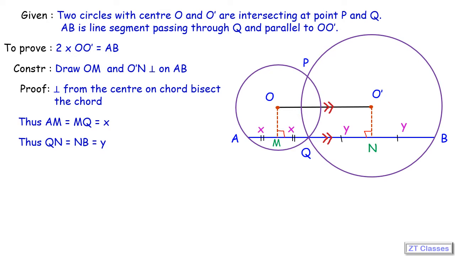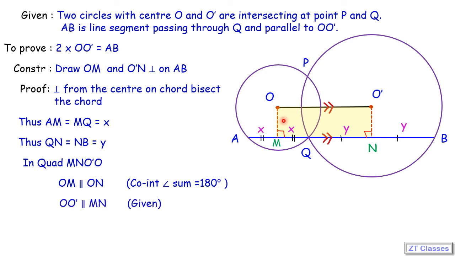Now let's check this quadrilateral, that is MN, O dash and O. So in this quadrilateral it's already given to us that these two lines are parallel, and these other two lines, if we'll see that their co-interior angle this is 90 degrees. So OM and O dash N they are also parallel to each other because co-interior angle sum is 180 degrees.